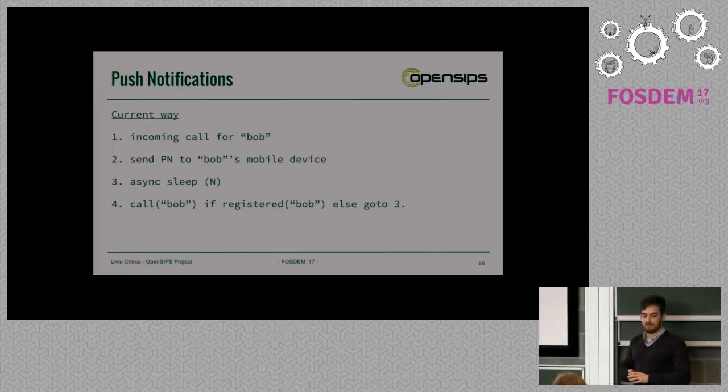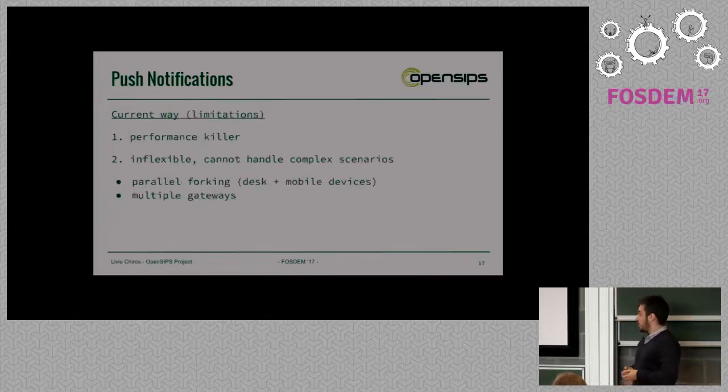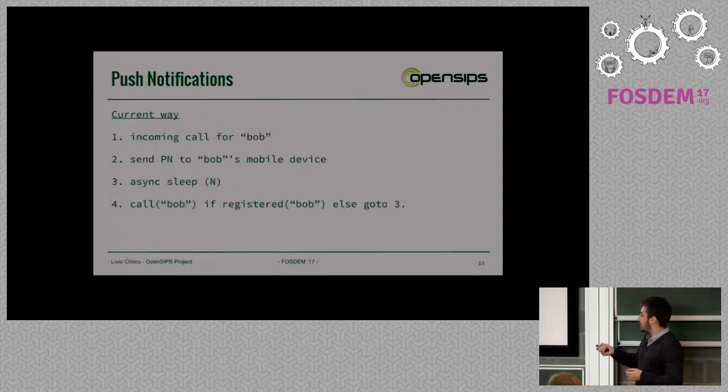So what are the problems with this approach? First of all, it's a performance killer. It's a trade-off between user responsiveness and how much we want to spend in terms of CPU. Also, it's inflexible.